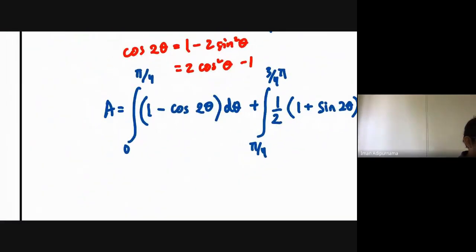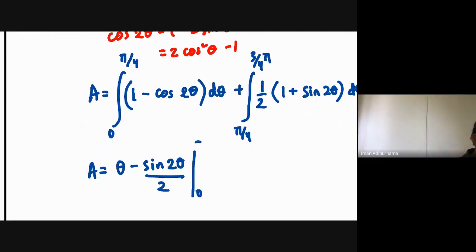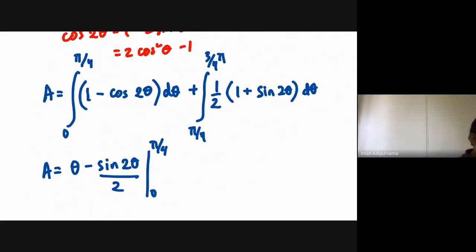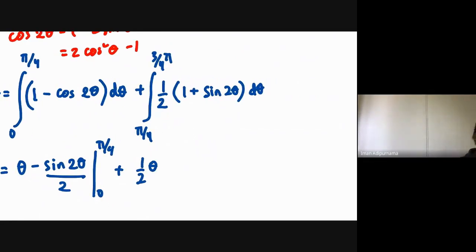And now we can integrate with theta. So the area will be theta minus sine 2 theta divided by 2. Plug in 0, plug in pi over 4, plus, this will be half theta minus cosine, sorry, 2 theta divided by 4, right?